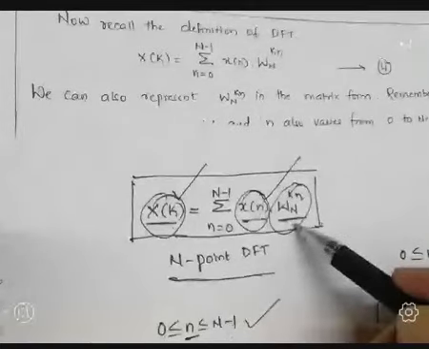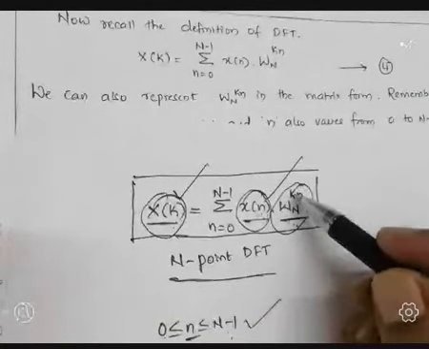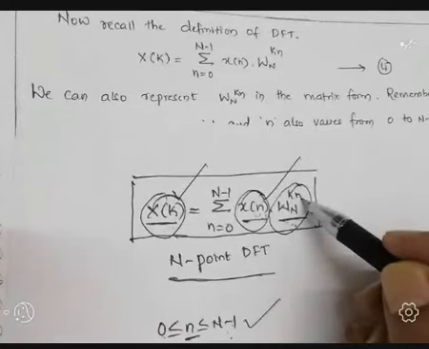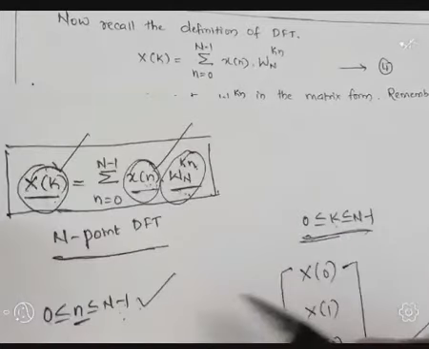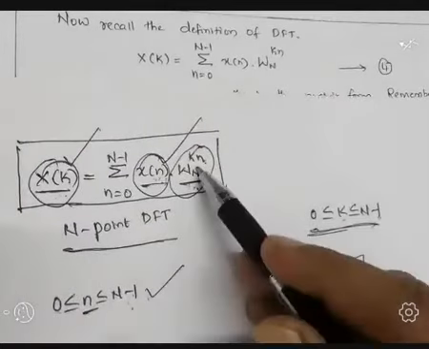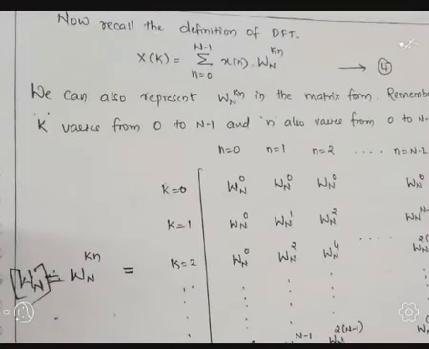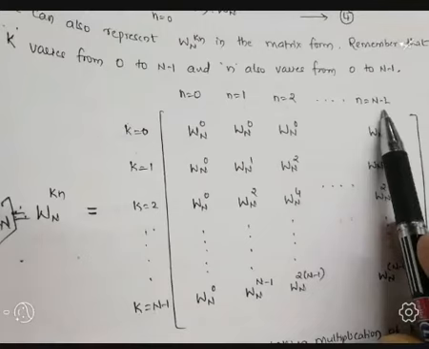But in this case, there are two indexes, one is k and another one is n. The value of n varies from 0 to N minus 1, and the value of k varies from 0 to N minus 1. There are two things present. So that one we are going to write like this, the value of n varies from 0, 1, 2, 3, so on up to N minus 1.